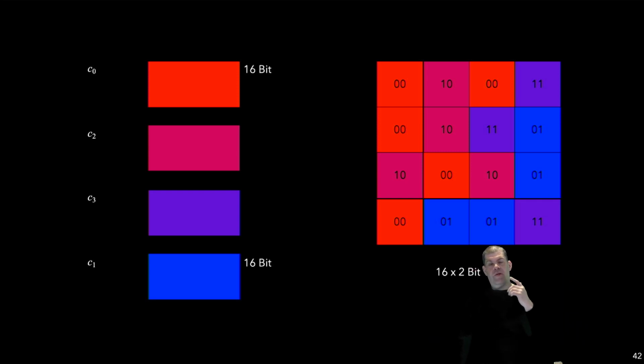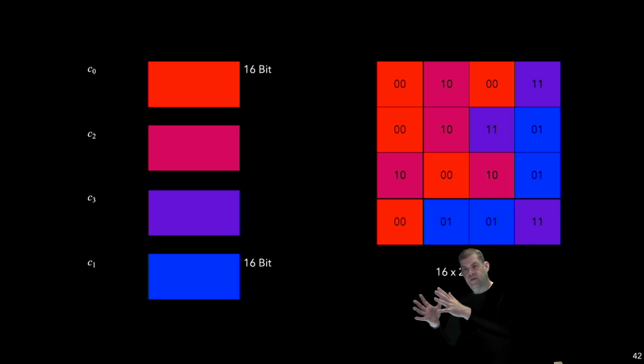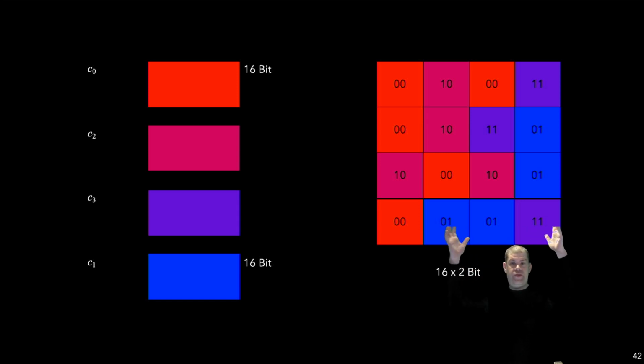What's interesting about this compression scheme, and a lot of compression schemes have this in common, is that only the decoding is specified. What is completely open to you is how you encode the data. Given an image, how do I turn it into this? You can do it any way you want. You can do it pretty stupidly: take a 4x4 block, compute the average color, set all the pixel indices to 0, and just store that average color.